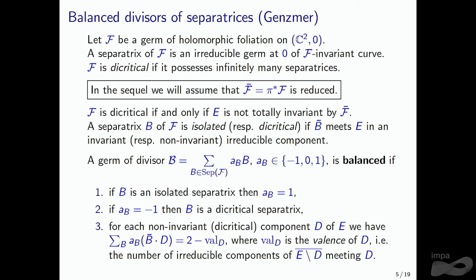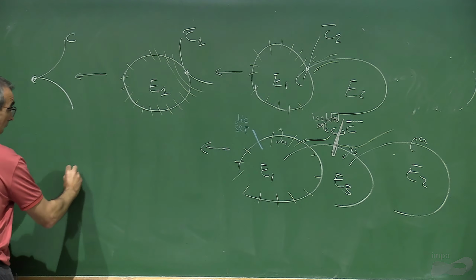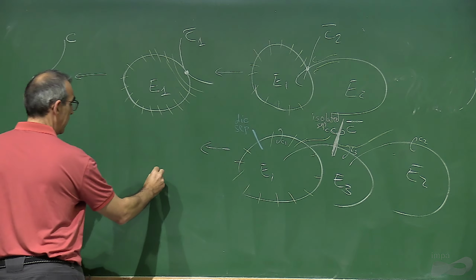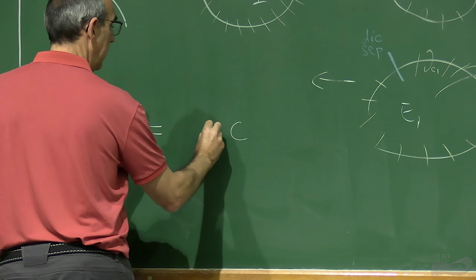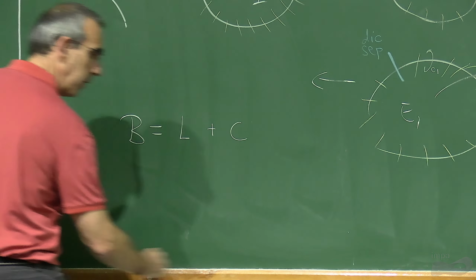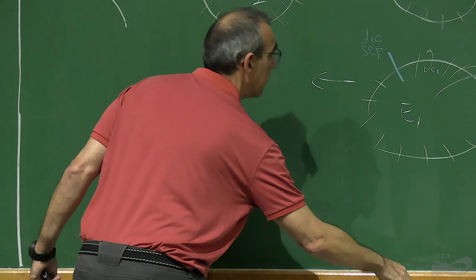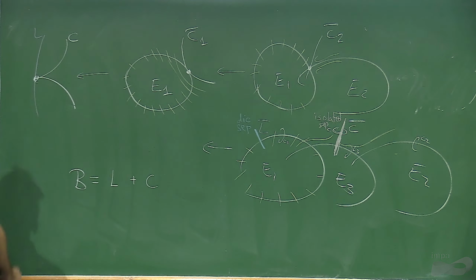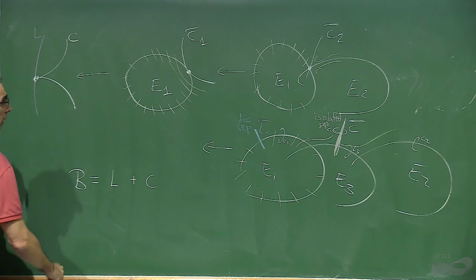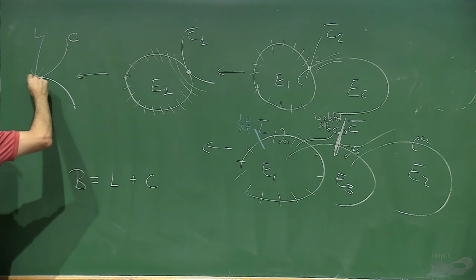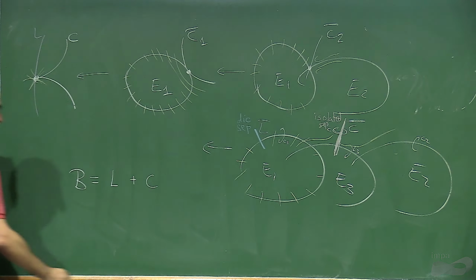For instance, in this case, the balanced divisor will be C plus L, where L is a line like that. Because here the foliation is like that.